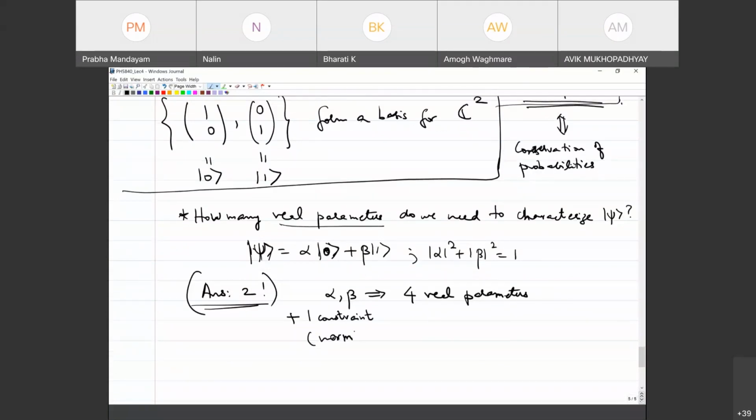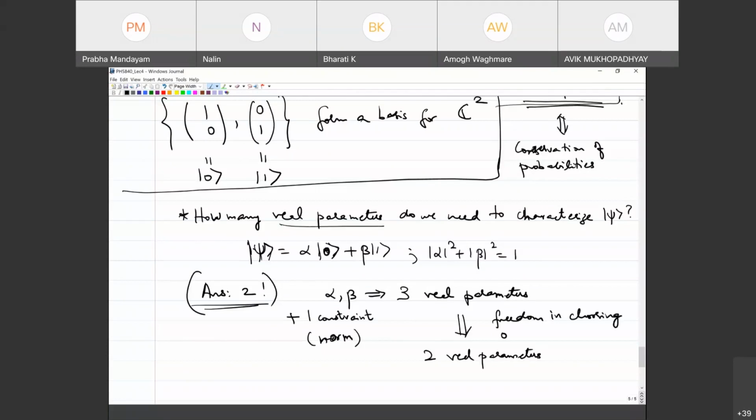So then this actually becomes 3 real parameters. Now the reduction from 3 to 2 real parameters happens because of the freedom in choosing the overall phase.